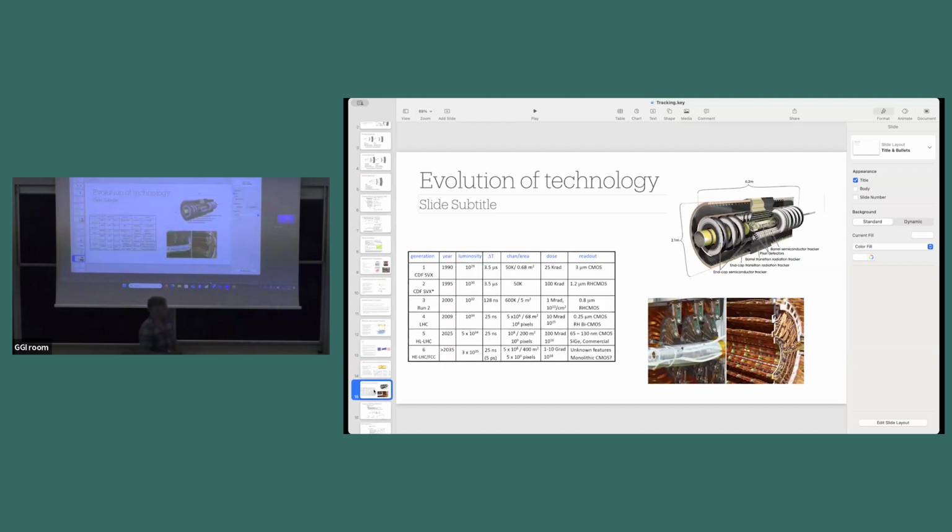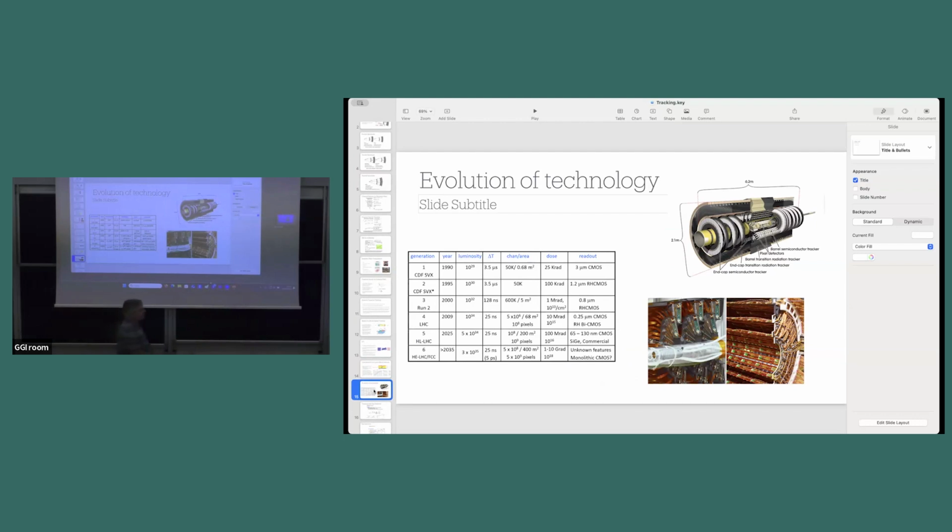So if you look at the evolution of the technology, in the 1980s they were constructing silicon detectors for CDF, for example. And in 1990, they had 50,000 channels, which was covering about 0.7 meters squared. And it took about 3.5 microseconds to read out the detector.